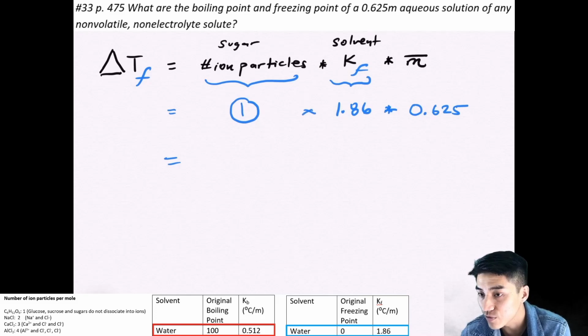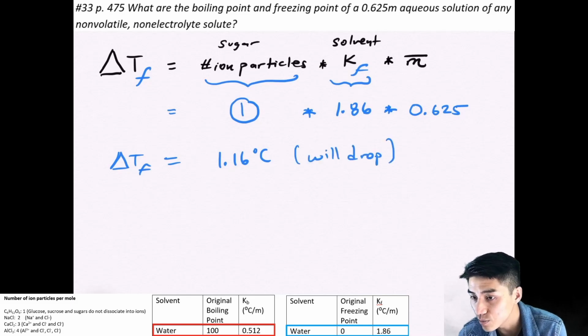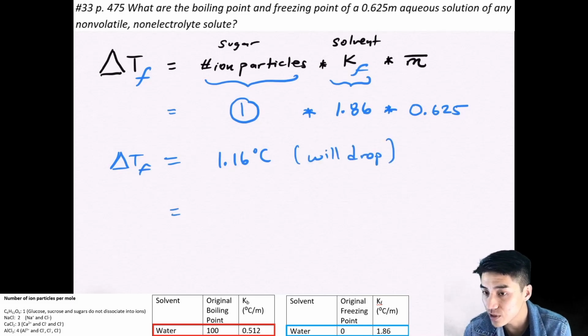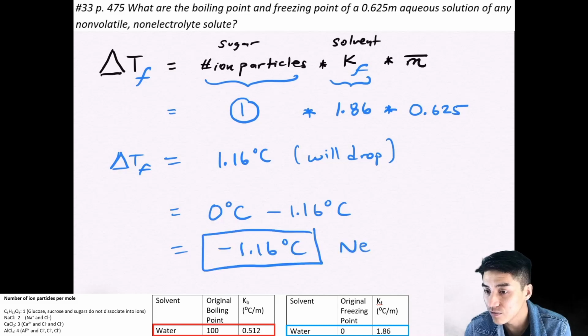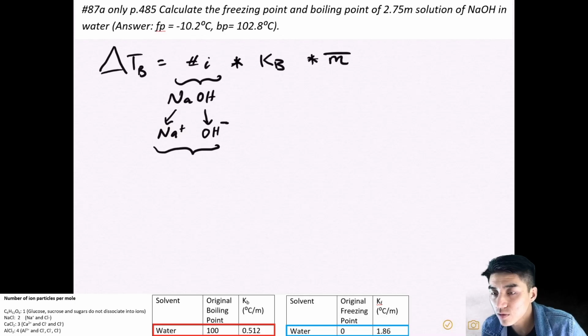Again, the number of ion particles is 1, Kf is 1.86, and molality is still 0.625. So the freezing point temperature will drop by 1.16. I'm going to subtract this from 0 degrees Celsius, and we get negative 1.16 for the new freezing point.